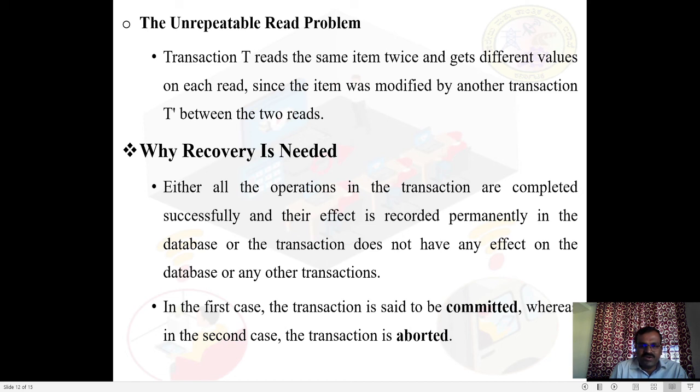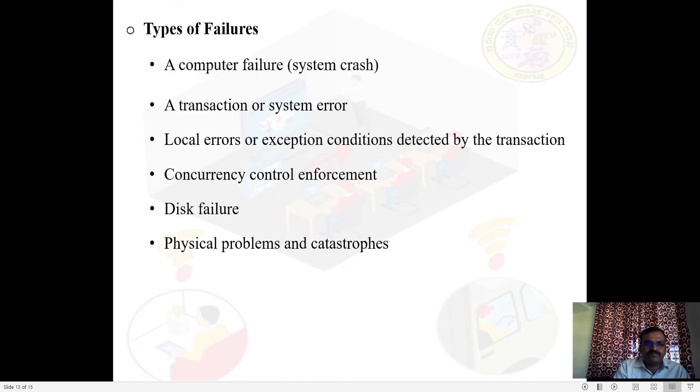If a transaction fails after executing some of its operations, but before executing all of them, the operations already executed must be undone and have no lasting effect.